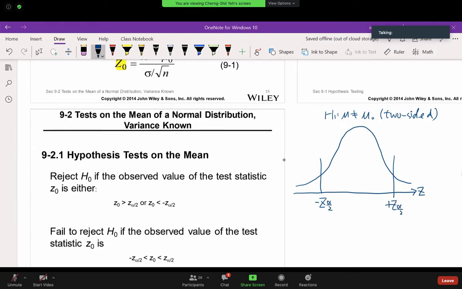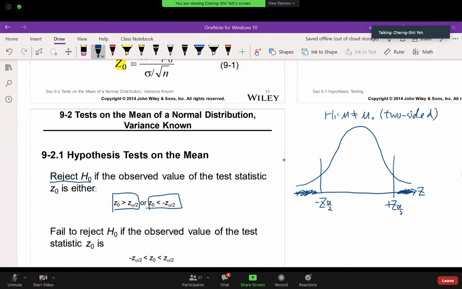Okay, when will we reject it? When my test statistic is located outside this confidence interval, we reject the null hypothesis. When my test statistic is greater than the critical value on the right hand side, this part, or it is below the lower bound, this side, that's when we reject it.